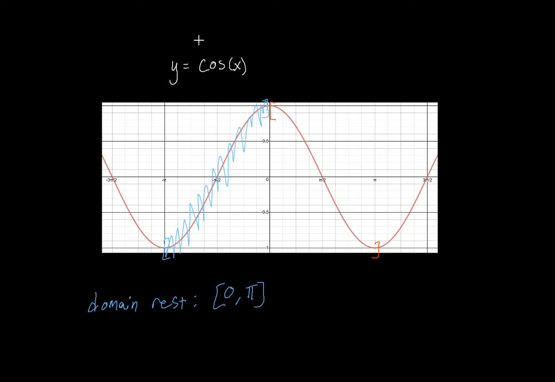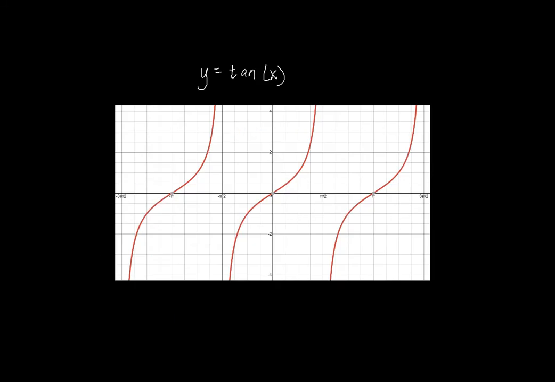Next up is the graph of tangent, and again, it looks a little bit weird if you've seen it before, but don't get too freaked out about it. The main thing to remember is that there are asymptotes on this graph. Right here, you've got an asymptote, which means if we were to zoom out, this line will get really, really close to this vertical line I just drew, but never actually touch.